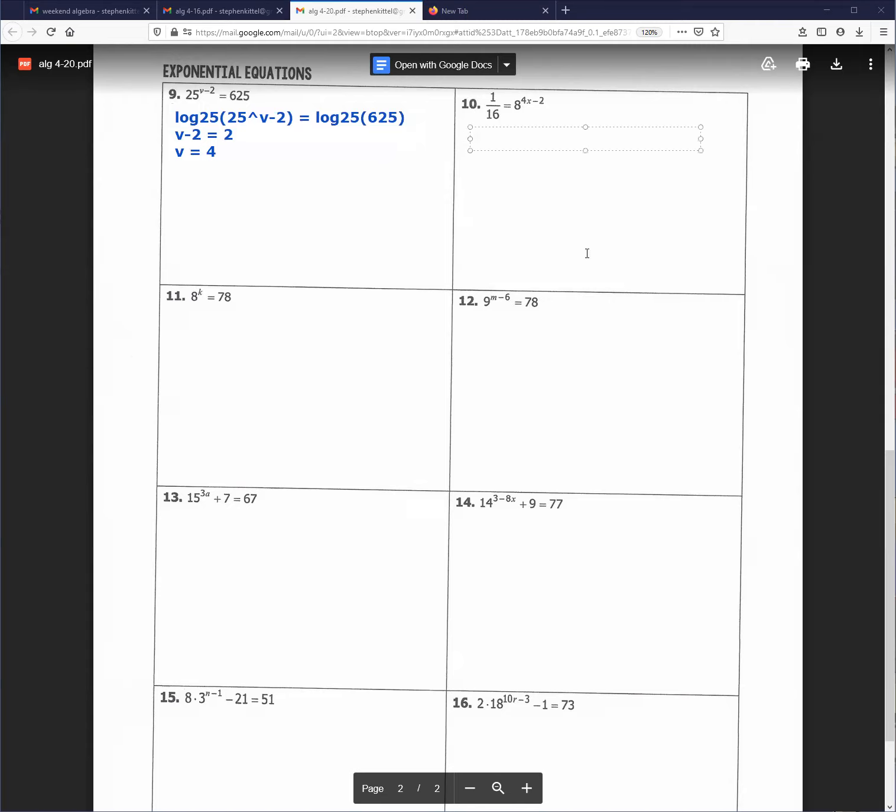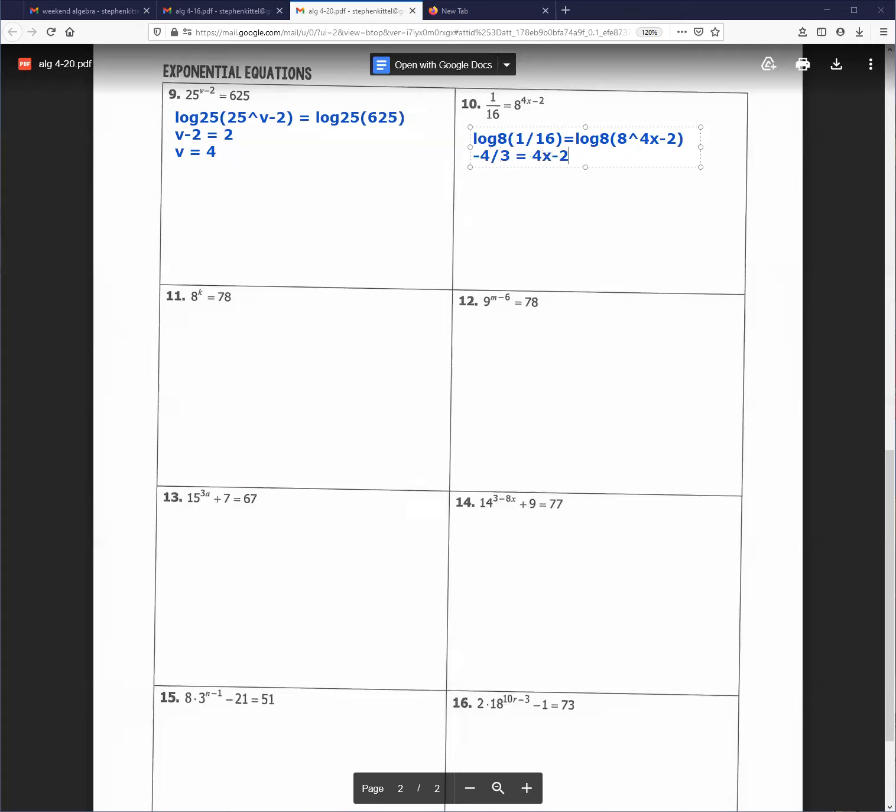For number 10, we need to get that variable down from the exponent, which means we need to get rid of the 8 to the. So we're going to do log base 8 on both sides of 8 to the stuff. And that should be in parentheses, the 4x minus 2. I'm being lazy. All right, log base 8 of 1/16 is negative 4/3.